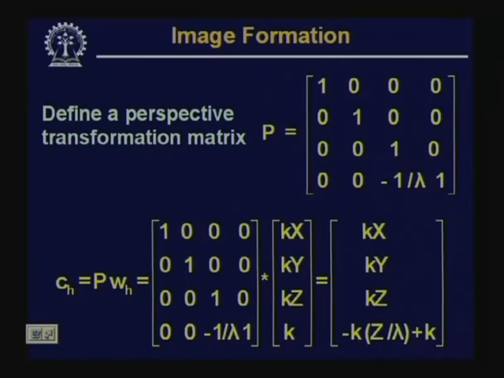Now, if I transform this homogeneous world coordinate by this perspective transformation matrix P, then I get the homogeneous camera coordinate ch, which is given by kx, ky, kz, then minus k times z by lambda plus k. So, this is the homogeneous camera coordinate.